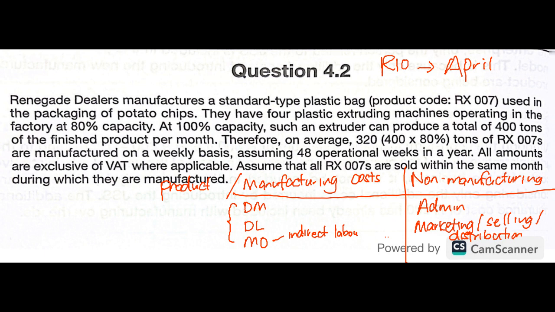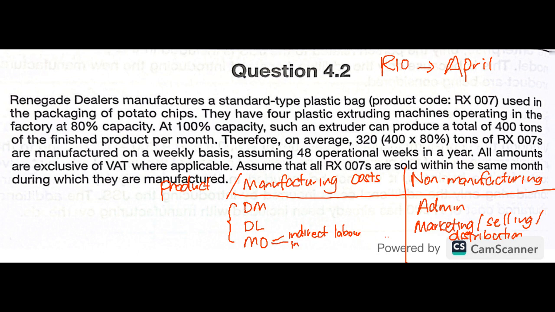And you also get indirect labor, which is, for instance, let's just say in a factory, you have supervisors, you have security staff, you have cleaning staff, you have managers, you have factory foremen. They are all indirect labor because they are not directly producing the items, so they're not directly involved in the production process. So for this reason, they are regarded as indirect labor. Sorry, I mistakenly wrote indirect labor there. It was supposed to be indirect material.